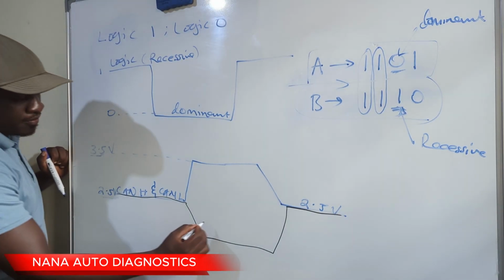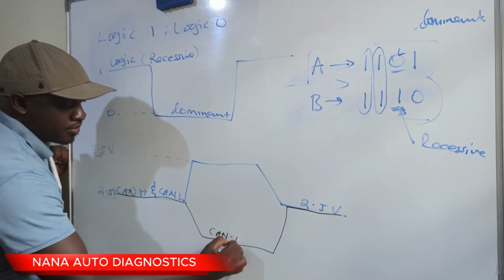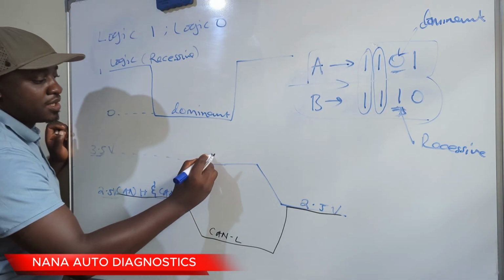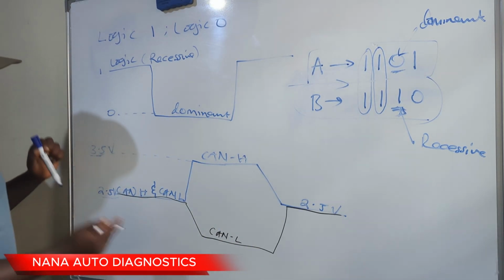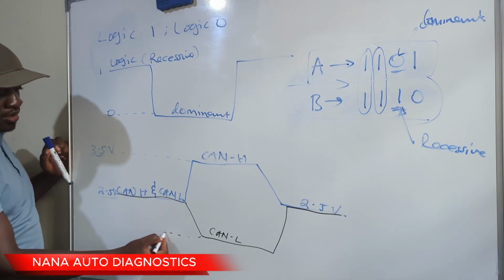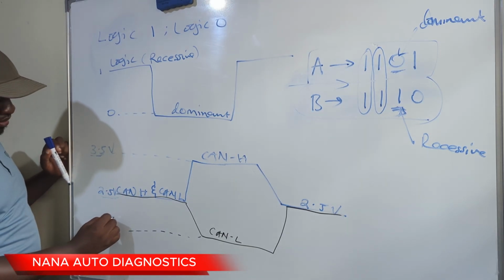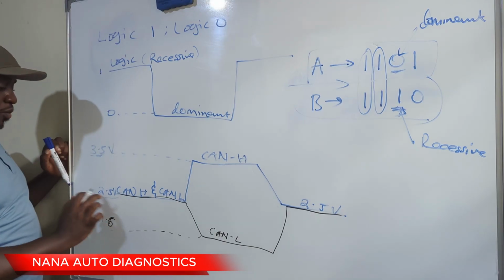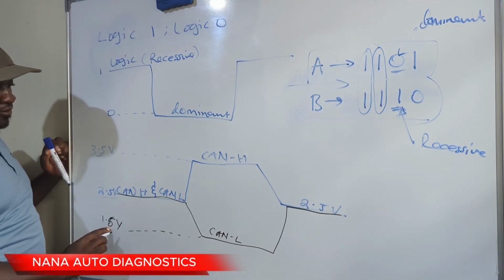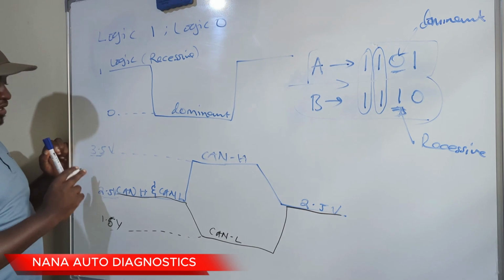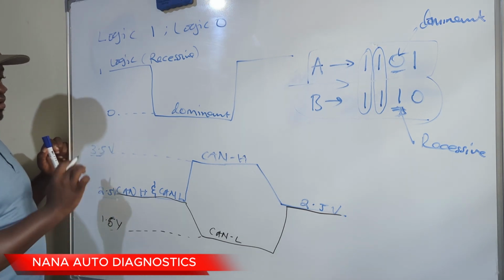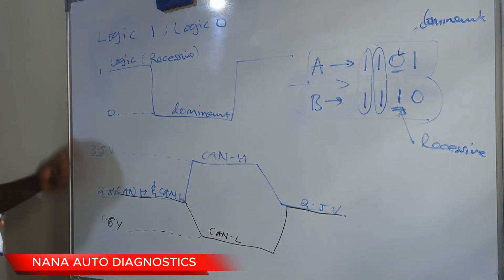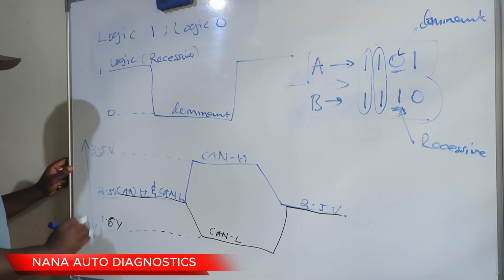So this is CAN low, this is CAN high. So CAN low is oscillating between 2.5 volts and 1.5 volts, whereas CAN high is oscillating between 3.5 volts and 2.5 volts. So we shall have oscillations in that range of voltage.